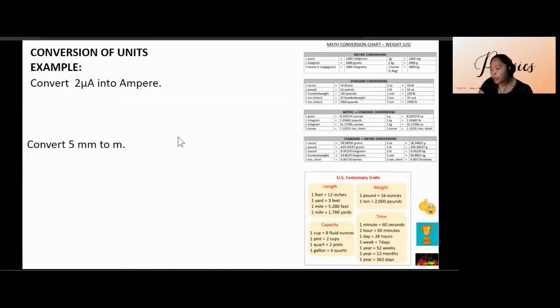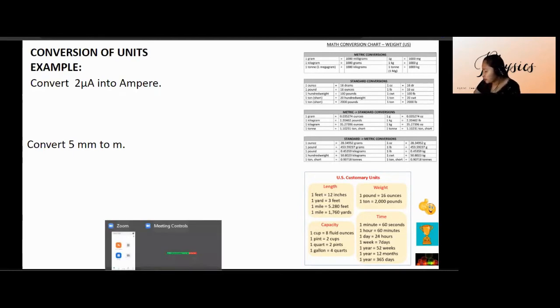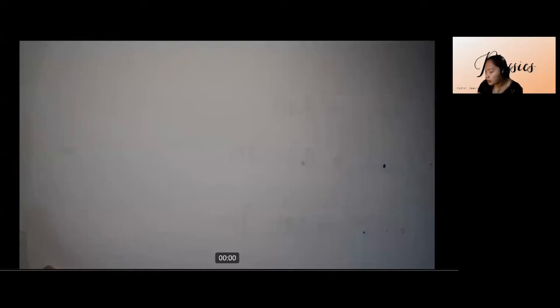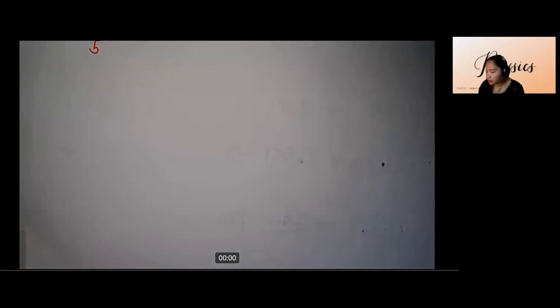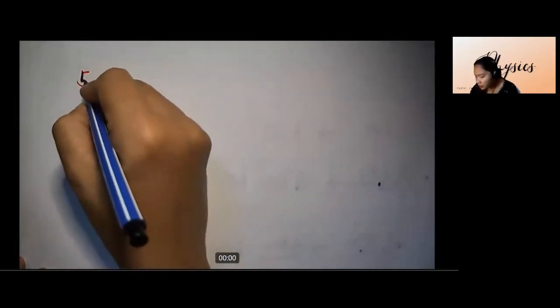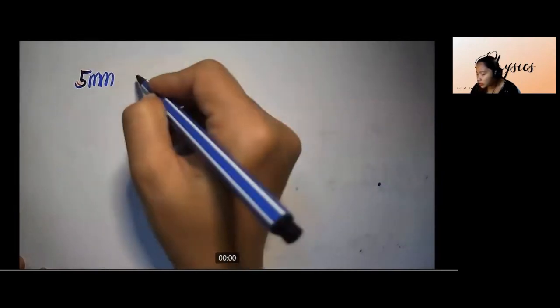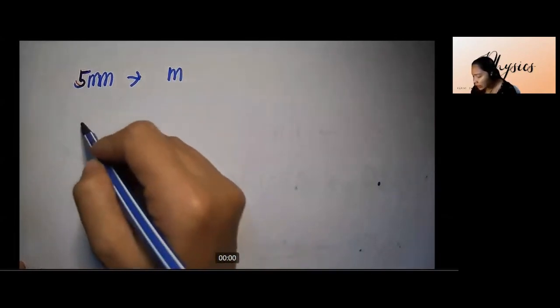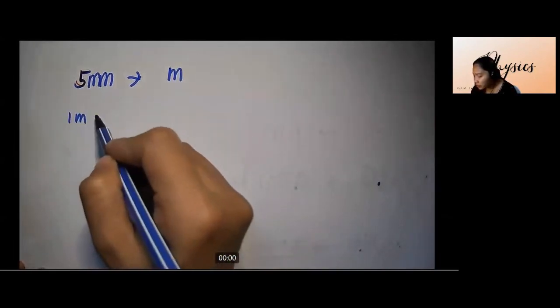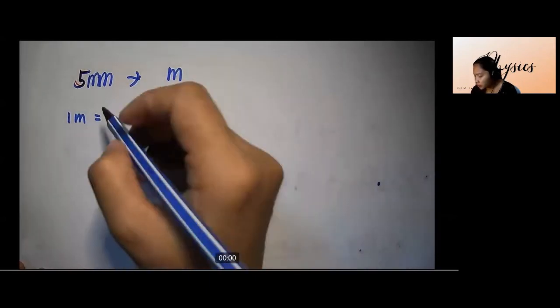How about 5 millimeters to meters? We know that for every 1 meter, the equivalent in millimeters is 1,000.